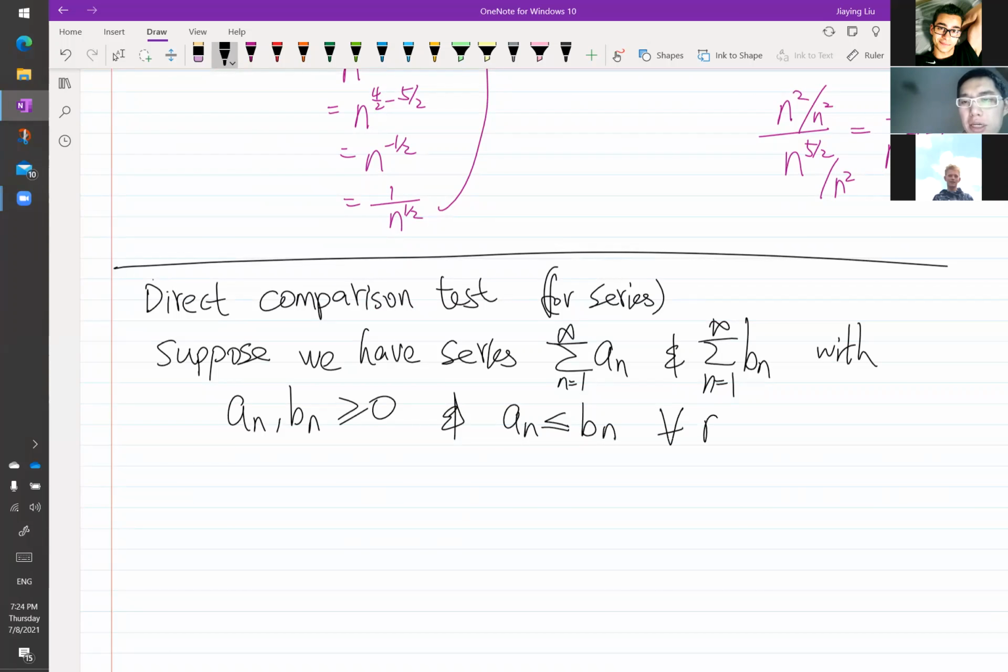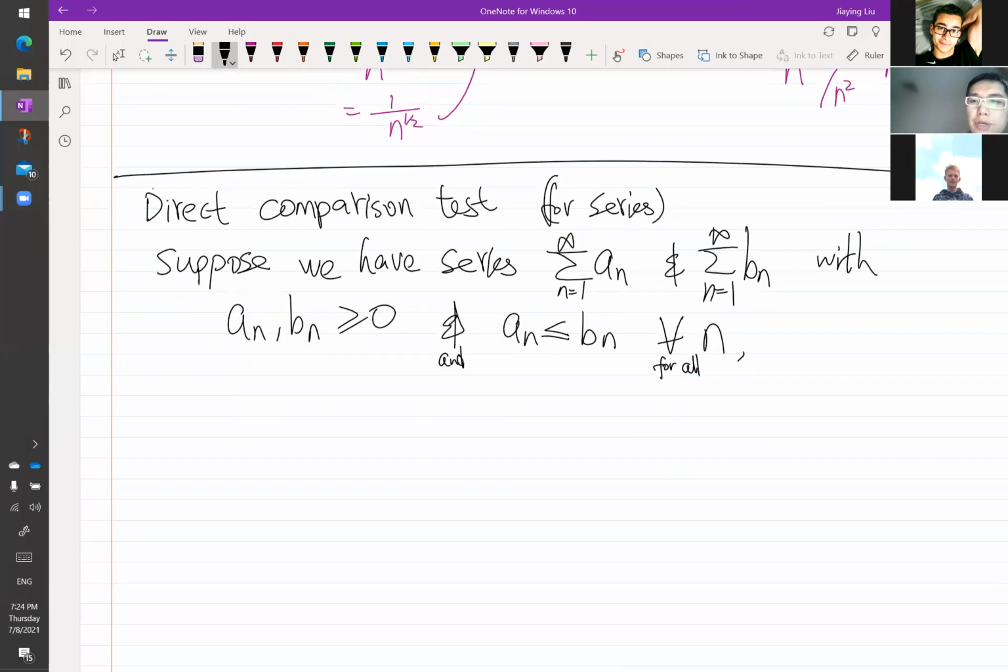So for all n. If you remember, this upside down A means for all. This is my notation for n. So for all n, an is always less than or equal to bn. So if we consider, I'm going to use a different color here, this is the sequence of an, and the bn is always higher, but they are always positive.